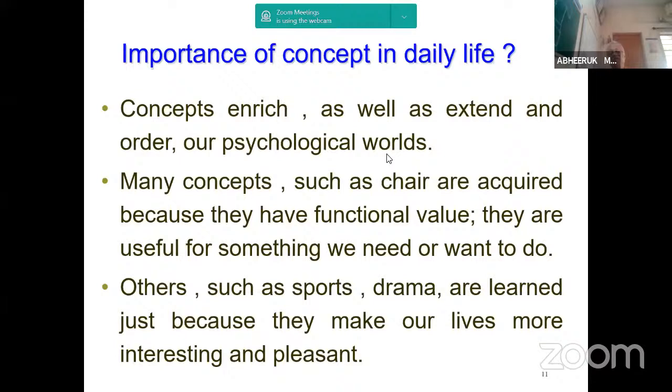Whenever you remember or think about anything, you think in terms of concepts. Many concepts such as chair are acquired because they have some functional value.